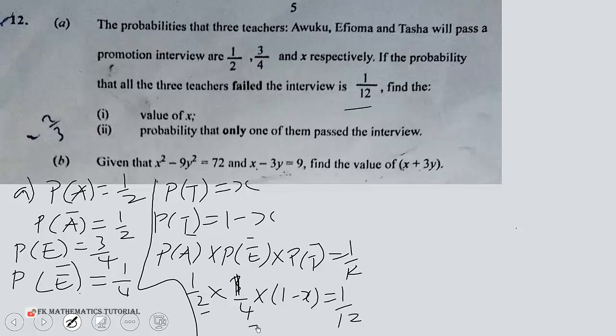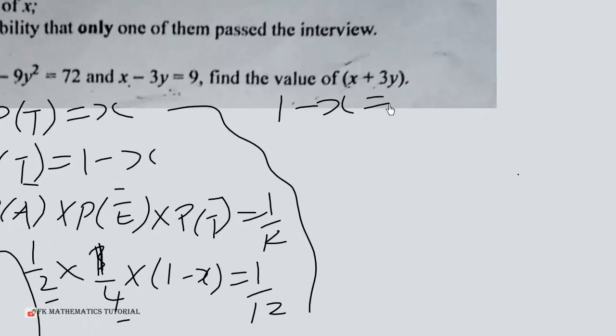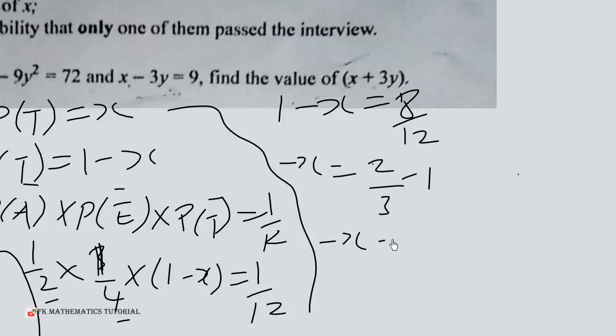This time this is 8. So let's multiply through by 8 to get 1 minus X is equal to 8 over 12. So minus X is equal to 2 over 3 minus 1. So negative X is equal to negative 1 over 3. So X will be equal to 1 over 3.